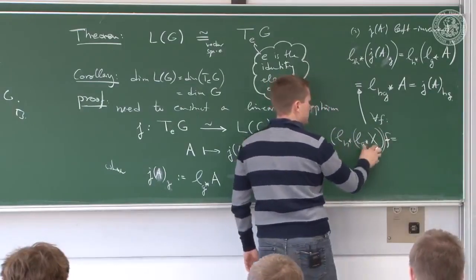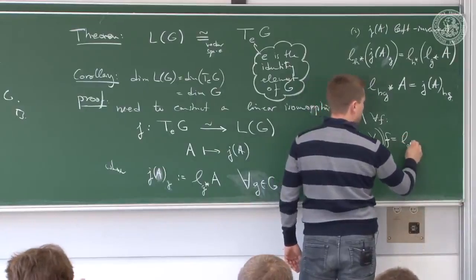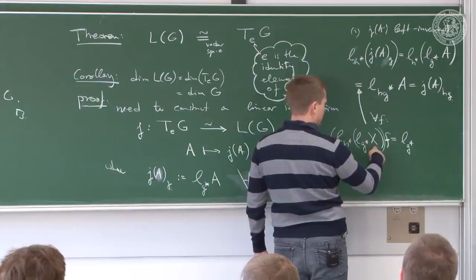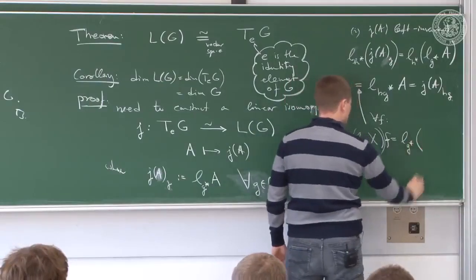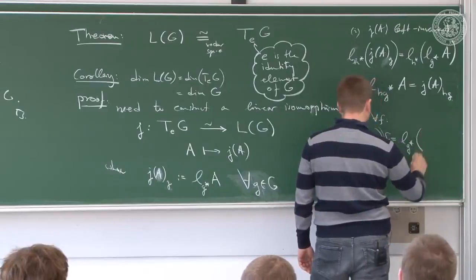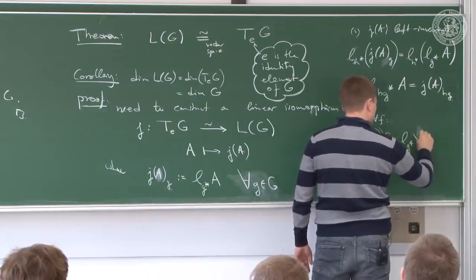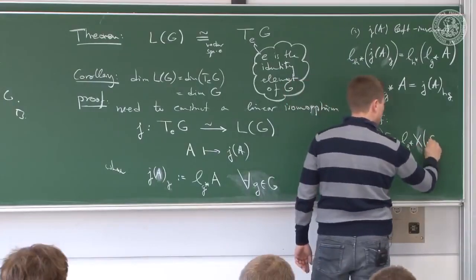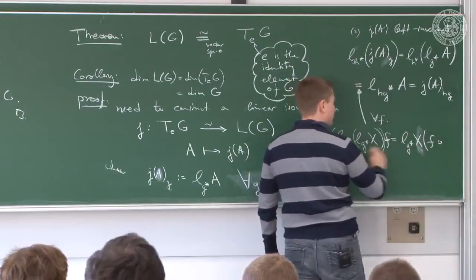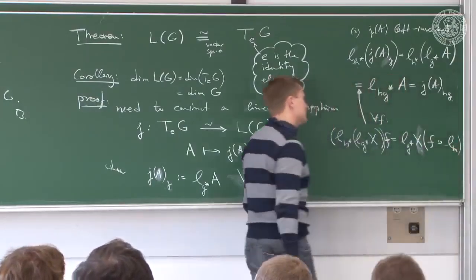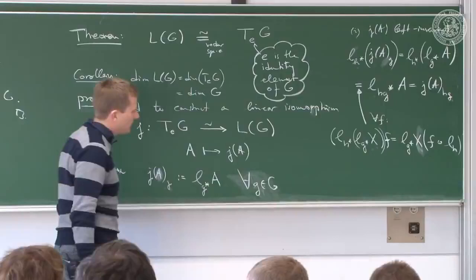So I have to take the vector L_G star x, and I have to have it act on the function, but only after I used this map in front. What is this? This is the definition of the push forward, right?